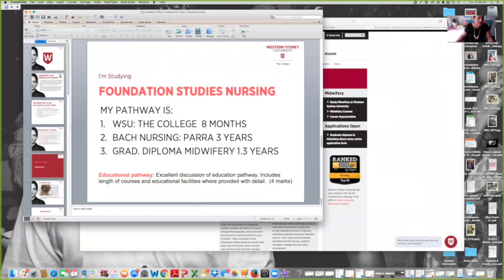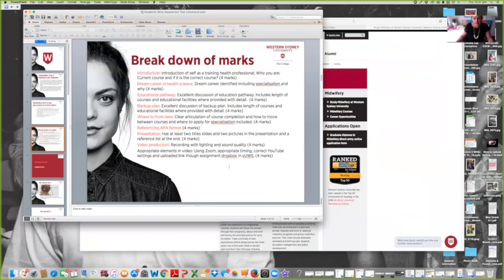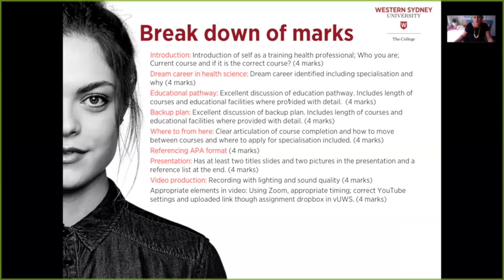If I go back up to the top here, we are marking you on your video production. Look, we're not looking for you to be Steven Spielberg, but certainly we want to make sure I can hear you. I want to make sure I can see that you've understood how to use Zoom, and I want to make sure that the lighting's correct. So don't do your video in the lounge room.